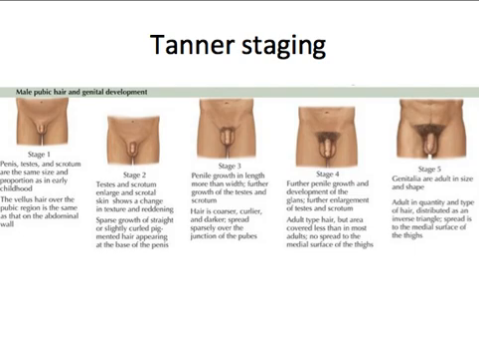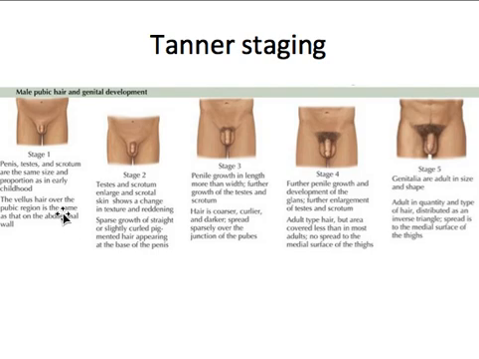So this is what we call Tanner staging. I hope you're all familiar with this. So you'll be able to actually gauge how much secondary sexual characteristics your patient has developed, and it will tell you whether the secondary sexual characteristics are normally developed or underdeveloped, and the degree of underdevelopment.